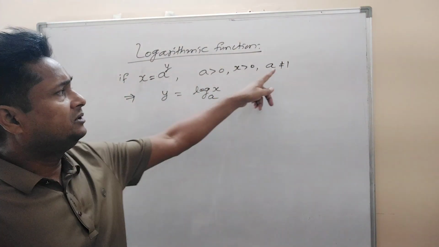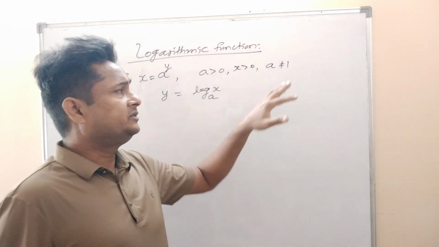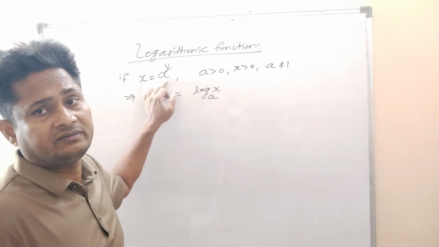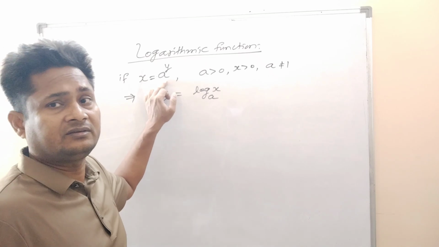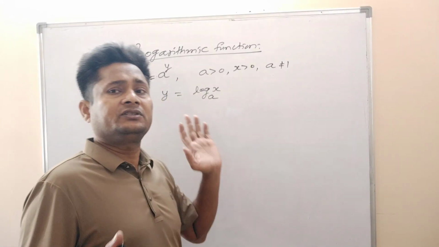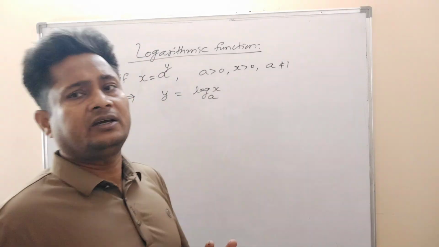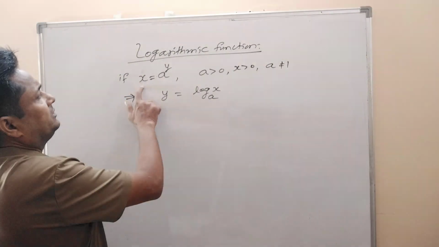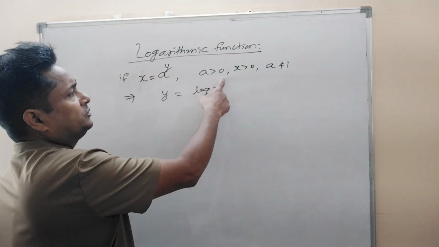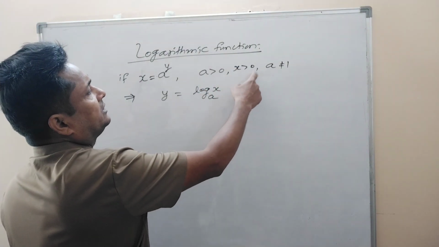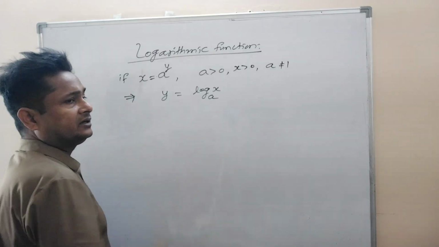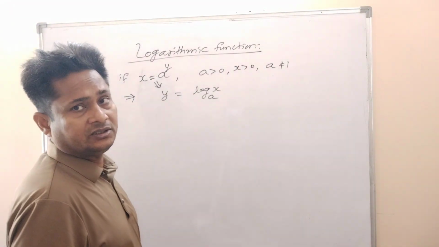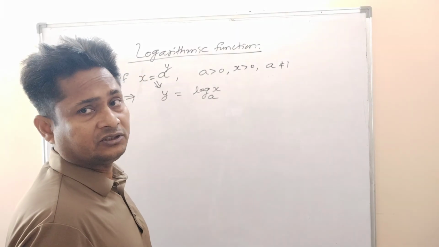For a equal to 1, it will be a constant graph, so we are not drawing that one. Our interest is in values of a which are either greater than 1 or between 0 and 1. So if x is equal to a to the power y, with a positive, x positive, and a not equal to 1, then we can write y is equal to log of x base a.